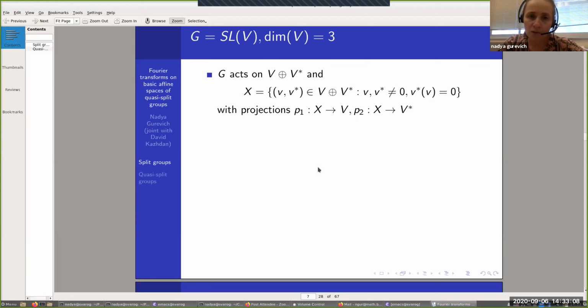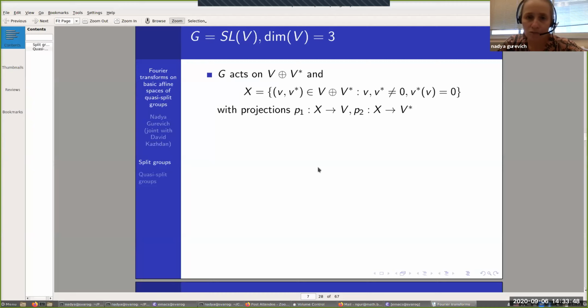In particular, we can consider the set of pairs of elements, vector and covector, both non-zero, such that their natural pairing is 0. So by definition, G preserves this set. And in fact, it's easy to see that it acts on it transitively, and the stabilizer of any vector is exactly the unipotent radical of the Borel subgroup. So X, the basic affine space, is identified with this set.